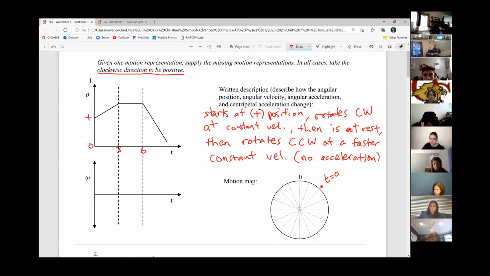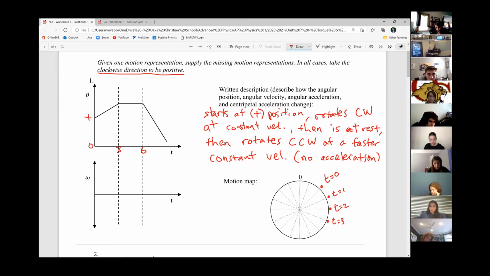And then for 3 seconds, it's going to move clockwise. So there's t equals 1. Here's t equals 2. So there's 0 to 1, 1 to 2, 2 to 3. Remember, if we have 3 seconds, that means 4 dots, right?